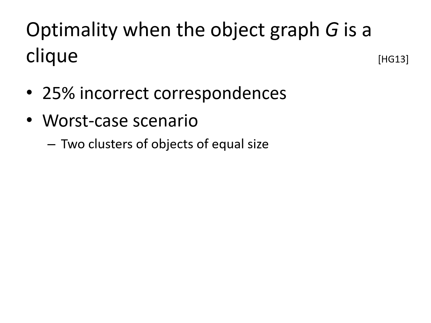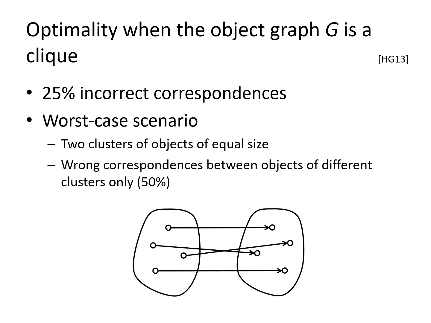We have a worst case scenario where we divide the objects into 2 clusters of equal size. Within the clusters, all the correspondences are correct. Between the clusters, half of them are incorrect, but they are incorrect in a consistent way, right? So we have 50% correct intercluster correspondences and 50% incorrect, and they're incorrect in a consistent way.